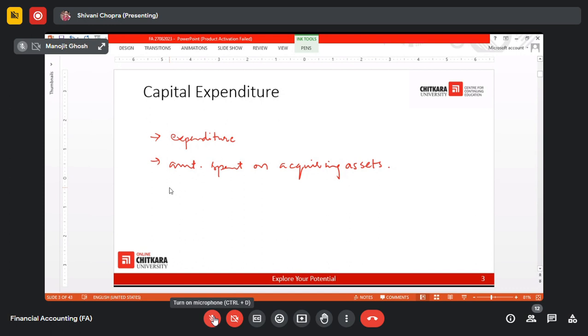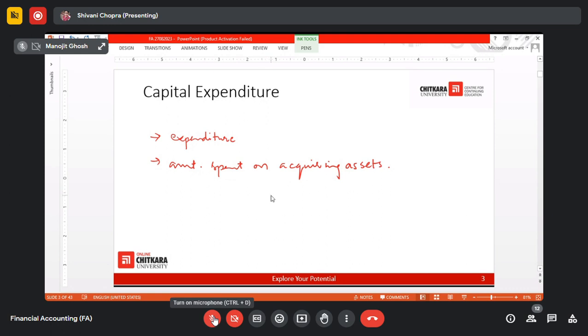Are we together on this? This year's revenue should be matched with this year's expenditure. That is the matching concept. The revenue recognition concept is different. It says when you should recognize the revenue. It's an interesting concept.